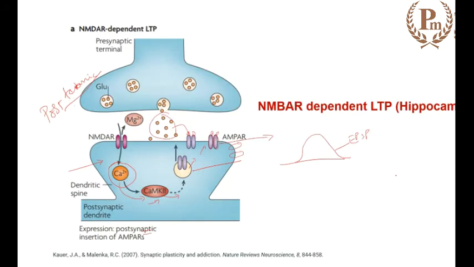Okay, this is what is called the long-term potentiation mechanism. So your postsynaptic end has become more sensitive to the impulse which is coming from the presynaptic end. This is the main mechanism for learning.